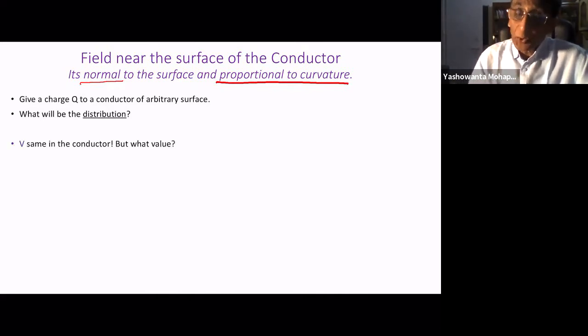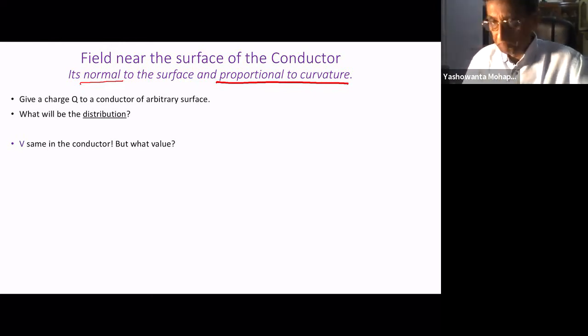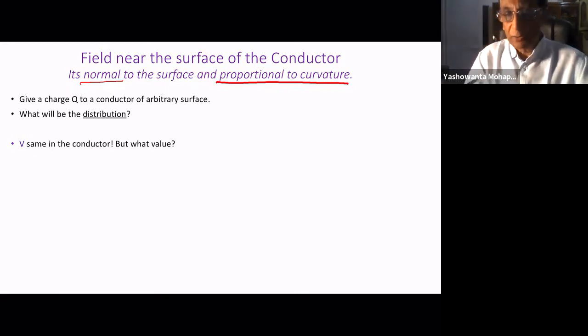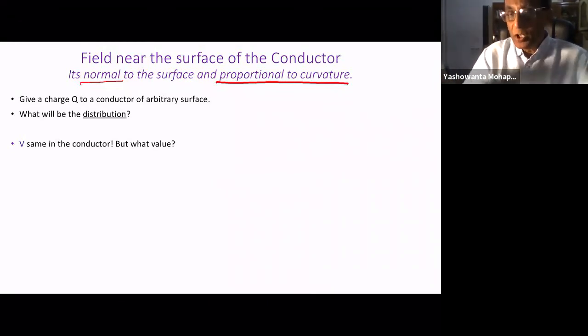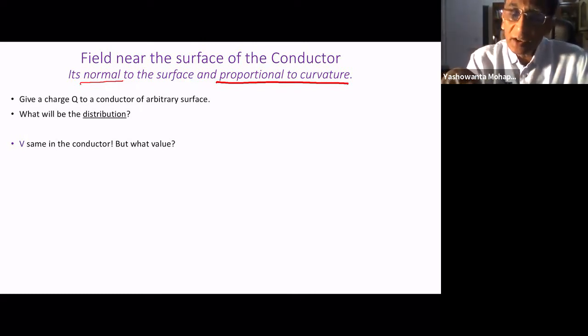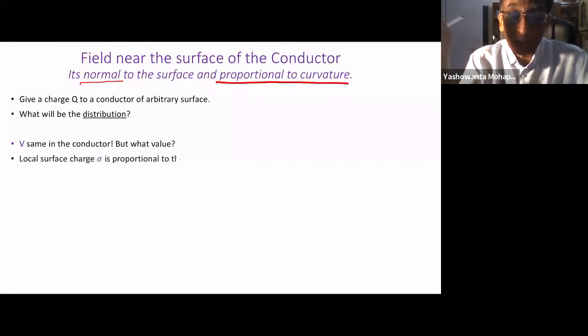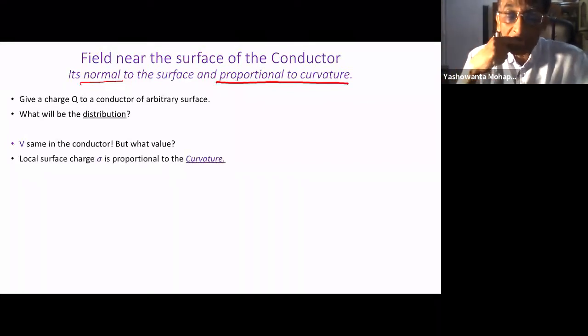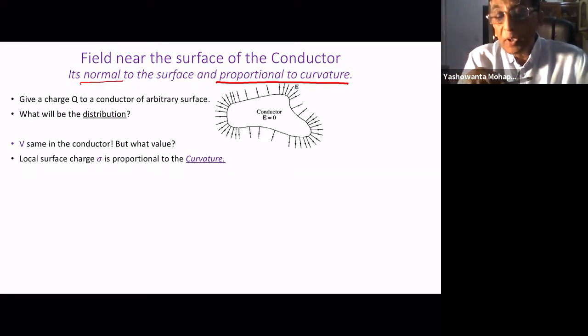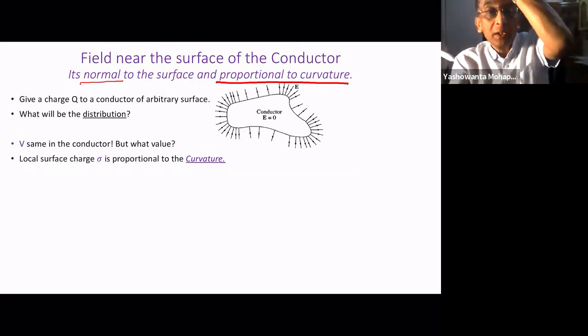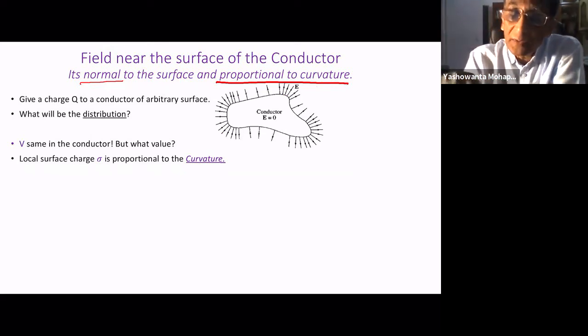One thing that we know is that the potential is the same in the conductor. But what is its value? That needs calculation, and knowing what is happening in the neighborhood, which other charge is nearby, which conductor is carrying what voltage. That will determine the value of the equipotential. So the local surface charge sigma is proportional to the curvature. Let me just give a qualitative idea.